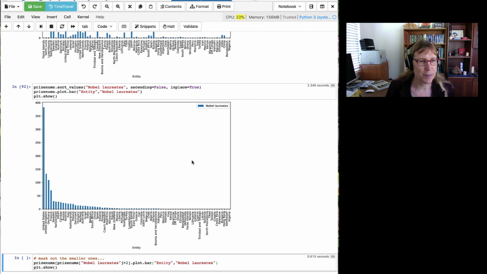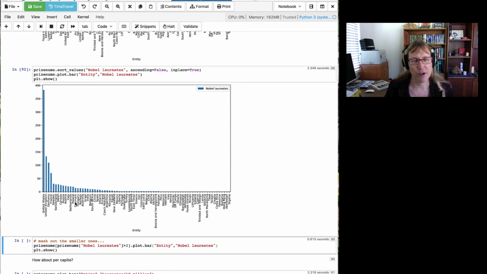Okay, so that gives us a better picture because that gives us a ranking of the countries. This is a ranking in terms of the total number of Nobel laureates, and you can see that United States here really leaves the rest behind in terms of total Nobel laureates, with United Kingdom, Germany and France following up.